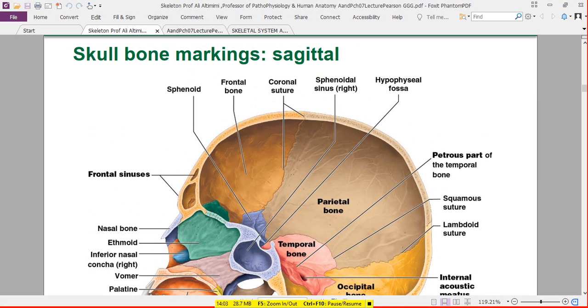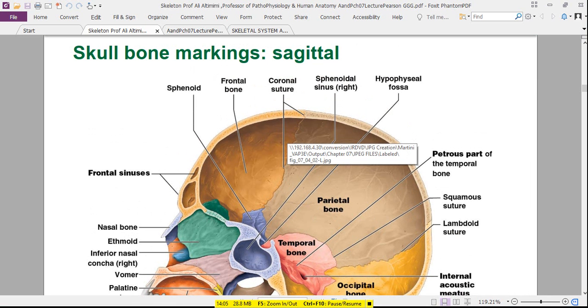So this is the skull bone marking in the sagittal view.